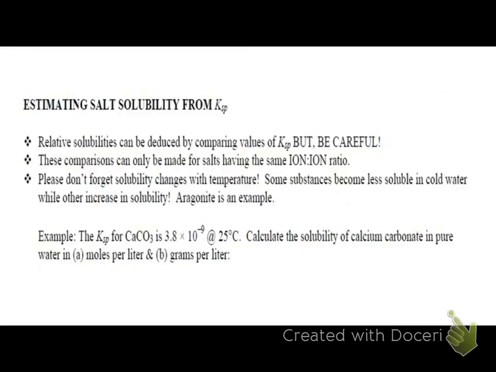Now, we can also estimate the solubility from the KSP values. So relative solubilities can be compared, but you've got to be very, very careful. You can only do it if you have the same ion to ion ratio. In other words, if you're comparing something that has 3 ions, you can only compare it to something else that has 3 ions also and look at their KSP values.